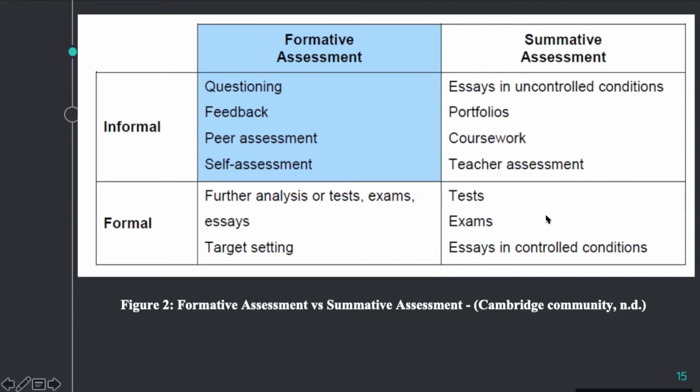Then again, for the summative assessment, as you guys have mentioned, there are exams, tests, or essays in controlled conditions. Again, essay could be write however you want. That's formative. In a controlled condition, this is what you should do, this is what it should include. Then again, if we consider a paragraph, you would ask your students, could you write a paragraph about the weather today?